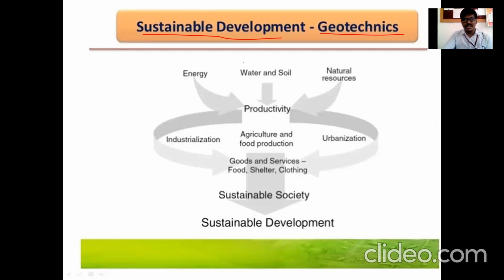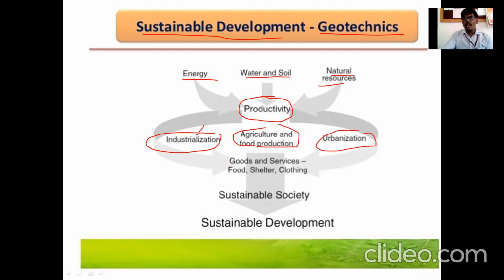Sustainable development is nothing but energy utilized with the help of water and soil, making use of natural resources, which leads to productivity or production in industry, agriculture and food production, and urbanization. Industrialization is the development of new industries in any country or region.